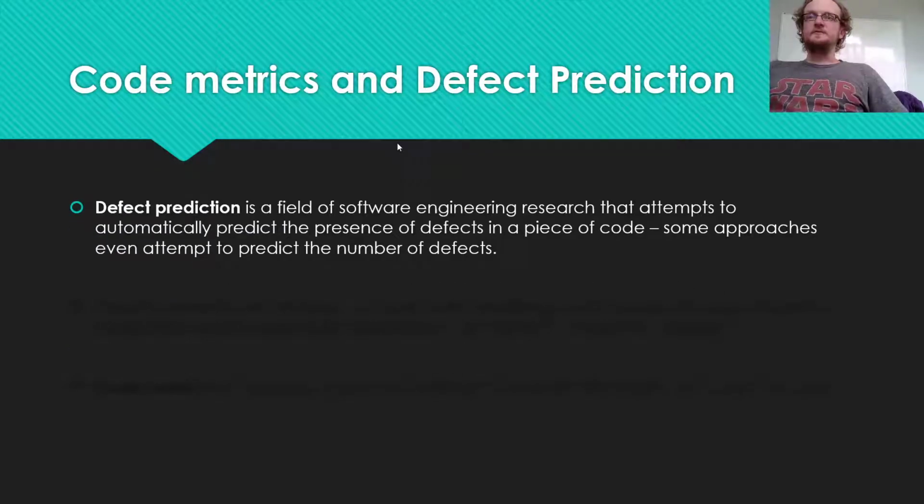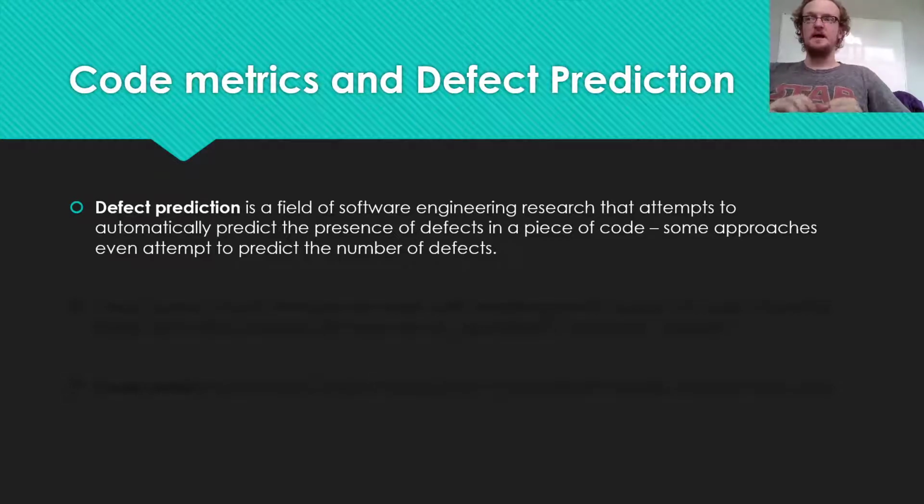So first of all, a lot of this stuff is based on a field of software engineering research called defect prediction. This is something that we're going to talk about in the research in software engineering module in a couple of weeks. Basically, the idea is if you can take a look at a piece of code, its history, and the people who have contributed to that code, you can gain an idea of how likely it is to be defective based on some of that data.